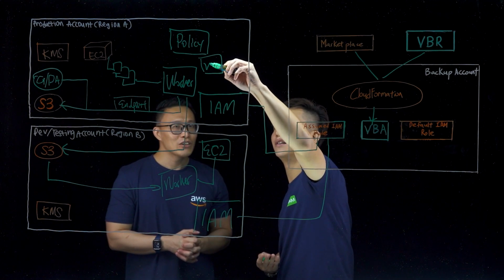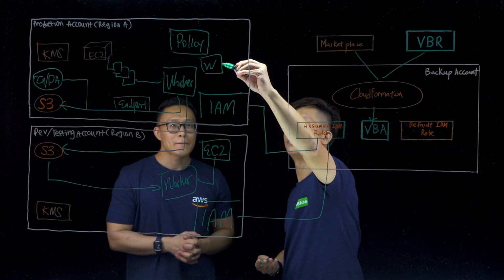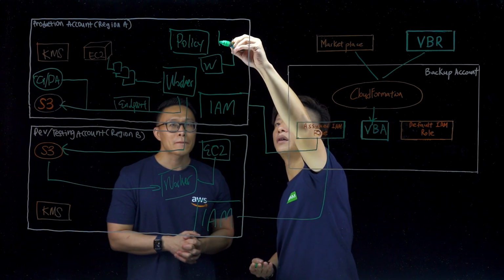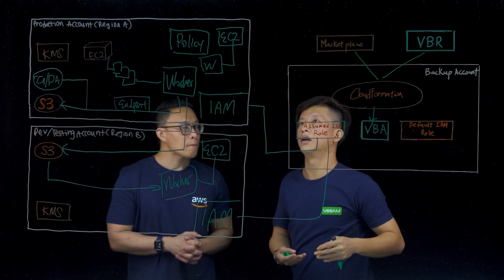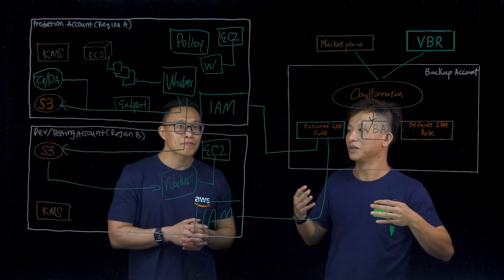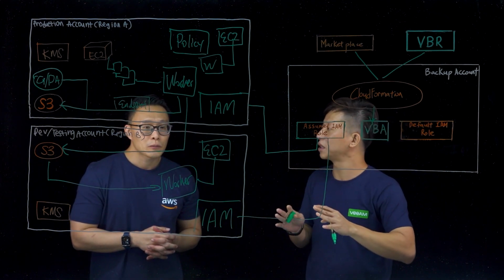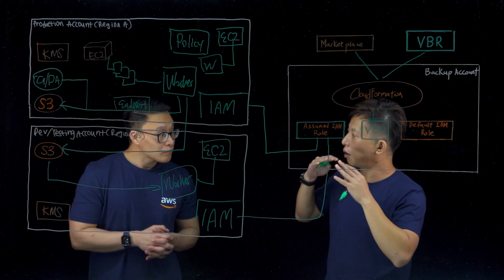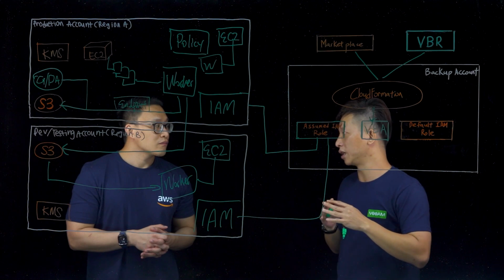We have another worker node spawned in this production account, and the restoration process will be taken care of by Veeam, and you have a new EC2 workload. The beauty of what the VBA does here is that all of this is taken care of automatically, and when there are no backup or restore operations, it will be terminated automatically as well.